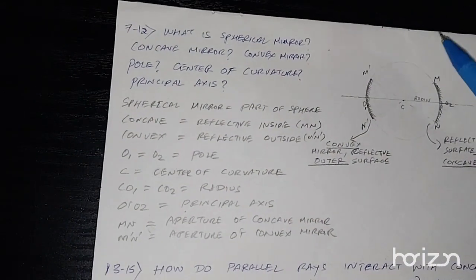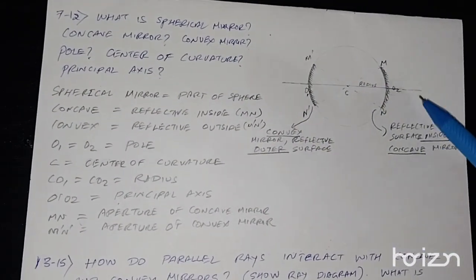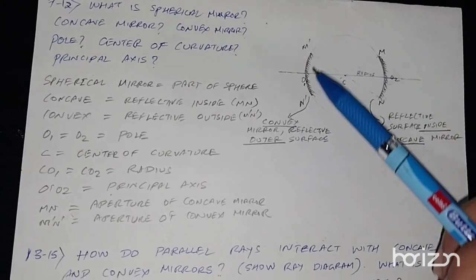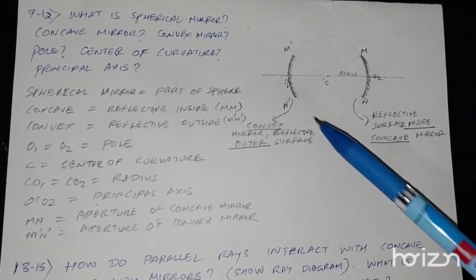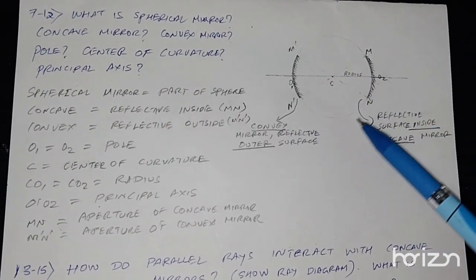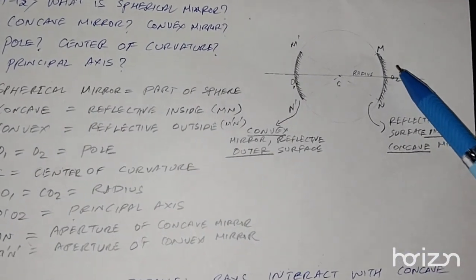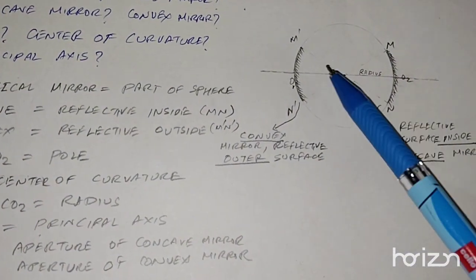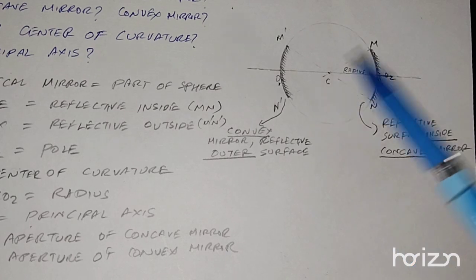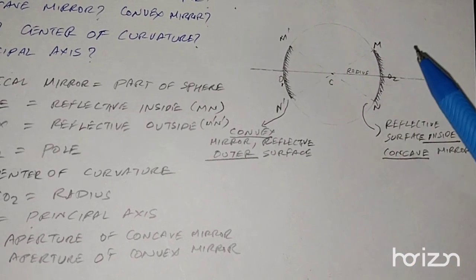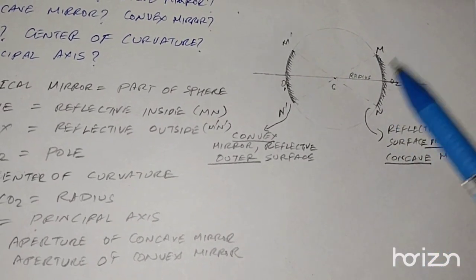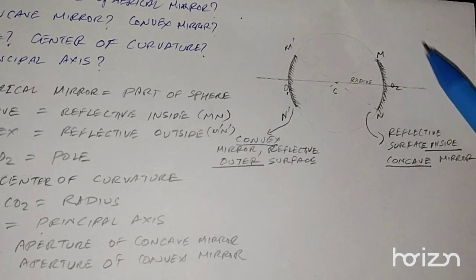To explain all these terms, we have drawn a sphere here. You can see that the sphere has been drawn in a very light manner, because what we want to show is that whether it is the concave mirror or the convex mirror, both are types of spherical mirrors because they are part of the sphere.